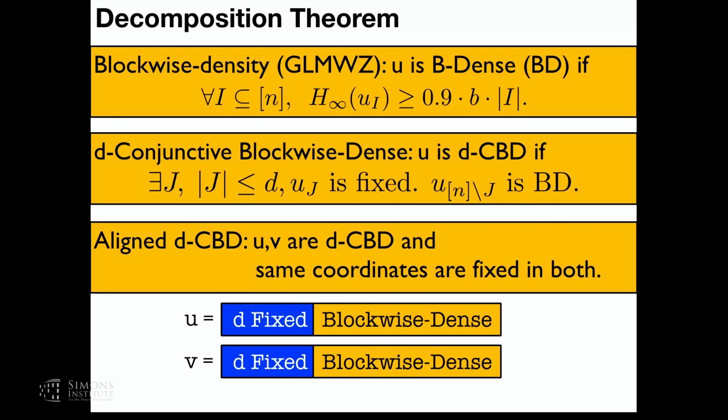Here I have two distributions which are blockwise dense with some fixed coordinates, but I also want the fixed coordinates to align. So I have u comma v. They have some d coordinates which are fixed in both of them, and in everything else they are almost uniform, in the sense of being blockwise dense.